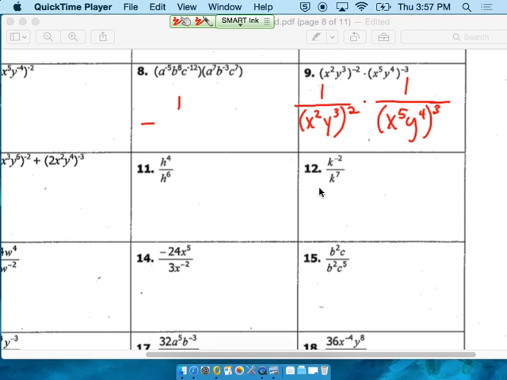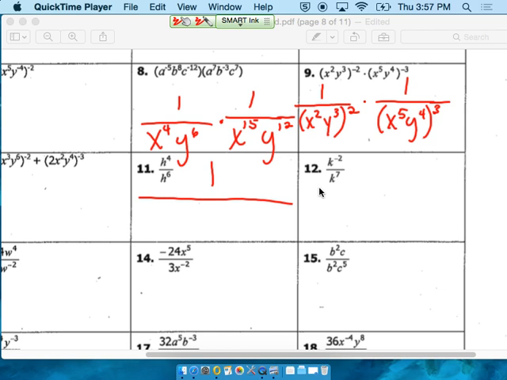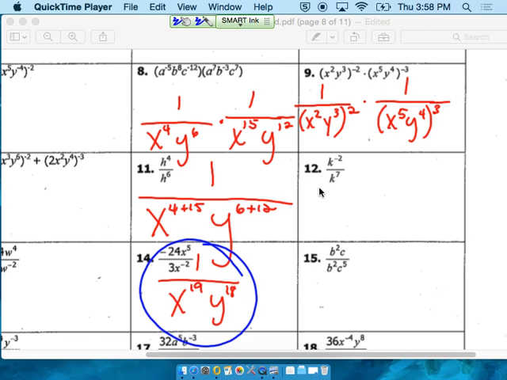So I would have 1 over x to the 4th, y to the 6th, times 1 over x 15, y 12. And then multiplying that out, I would just have 1 over, and I would say x to the power of 4 plus 15, and then y to the 6 plus 12. And then your simplified answer would be 1 over x 19, y 18. Several different ways you could get there.